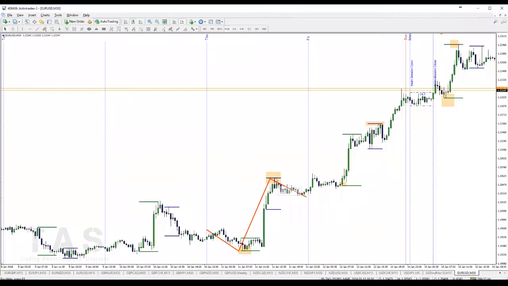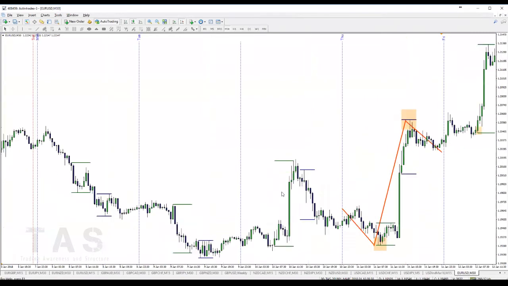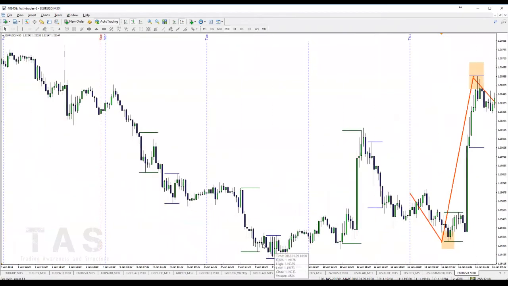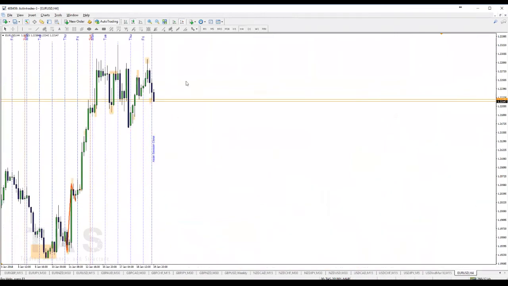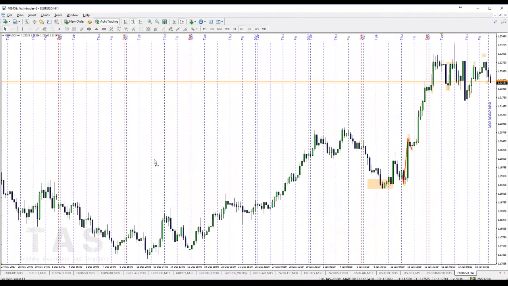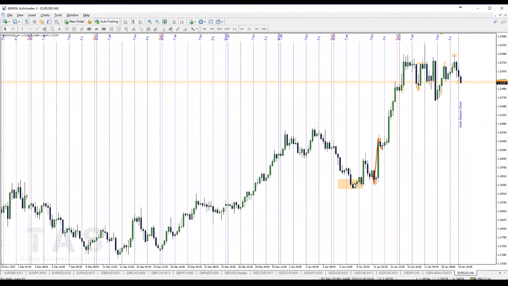Keep asking questions. Sometimes you'll get something like this. If you look at it, let's say this level here. Let's go on a higher time frame. That level there gave you an entry on New York.